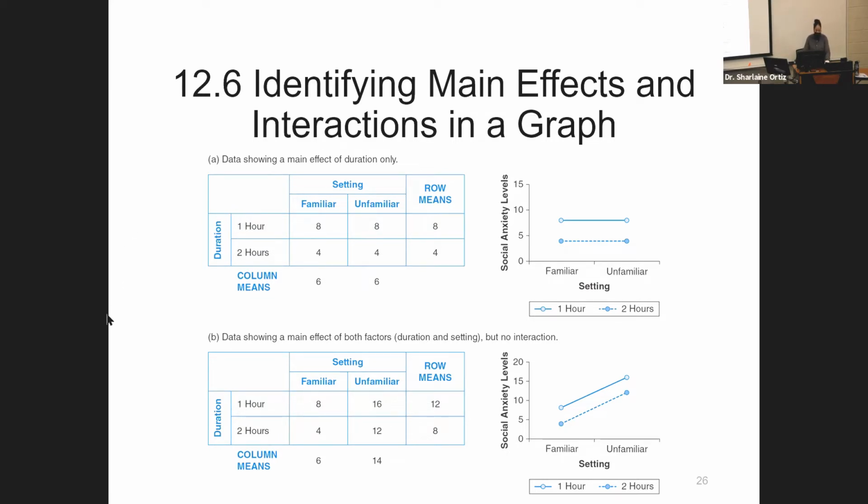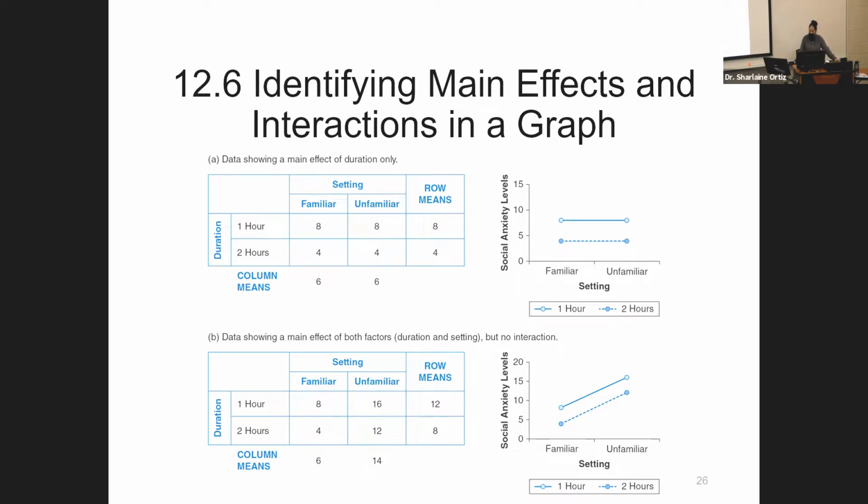Notice that in regards to the column means, we're not necessarily using the specific means of the data, but rather that average factor, right? So we're only observing the means for the actual factor and not necessarily each level of each factor individually.